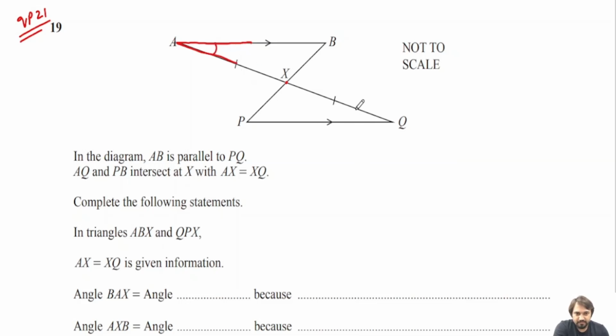This angle will be equal to this one, that is PQX, because of parallel lines, and we have a Z-shape. You see, this one is Z-shaped. Of course, it's opposite Z, so these angles are equal. We are going to write angle PQX. Why is this equal? Because of alternate angles.